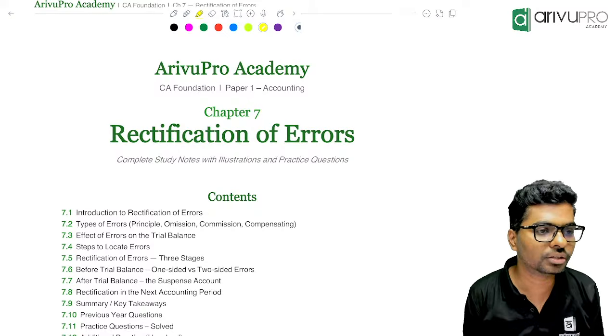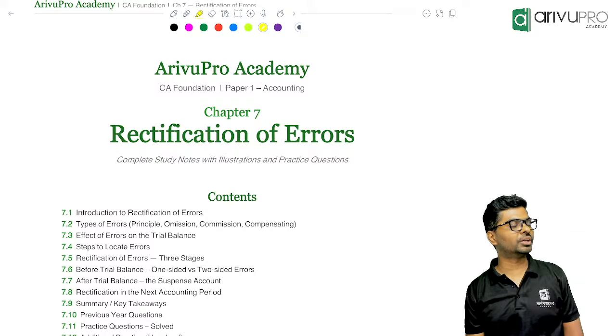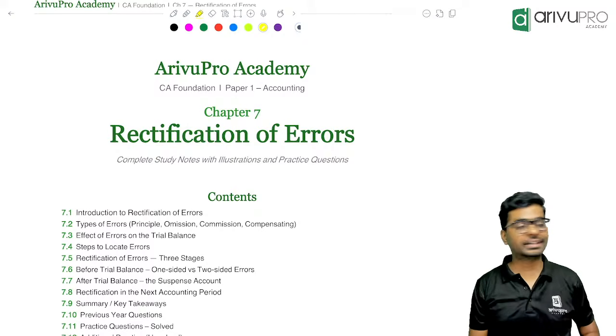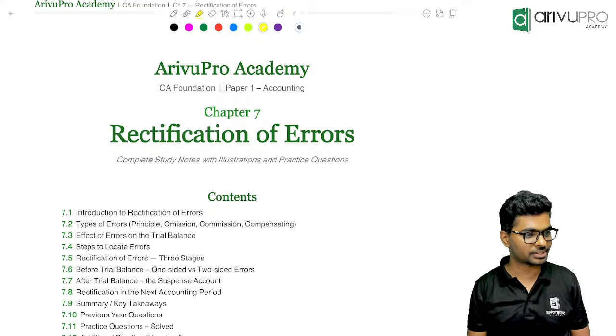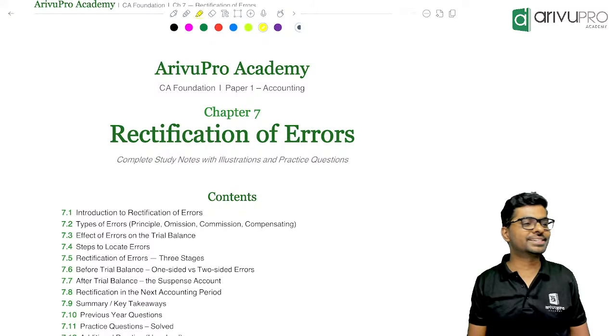One of the most important topics of your chapter number 2, rectification. Now, the rectification chapter is going to help us in two things. One, as a student, what am I interested in? Scoring marks. Is it important?